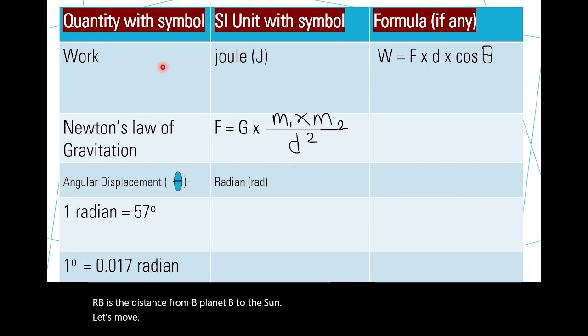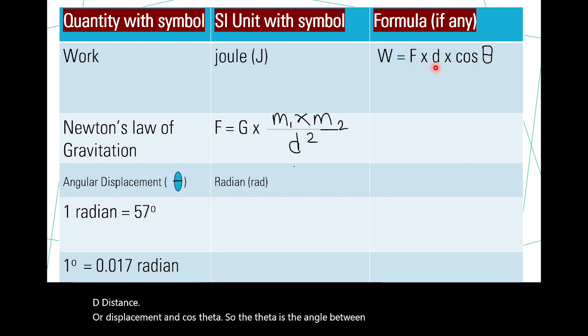Now, the next quantity is work. The SI unit is the joule, and the formula is F times d times cos theta. What is F? Force. d is distance or displacement, and theta is the angle between force and displacement.